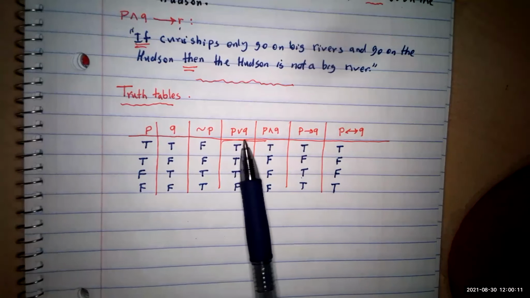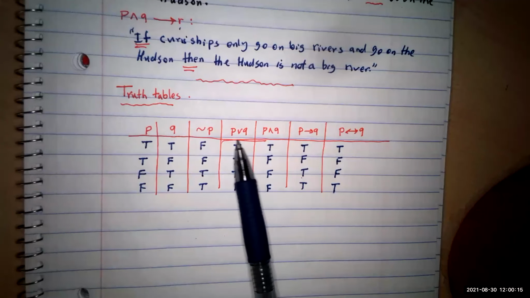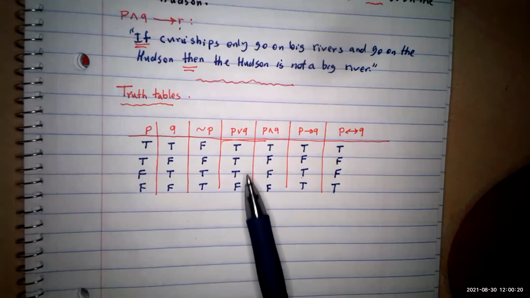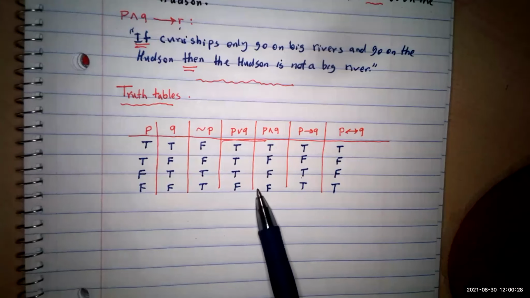P or Q is going to be true if at least one of them is true. So the only time it's false is when both of them are false. P and Q would be true if both of them are true. Otherwise, it's always false.